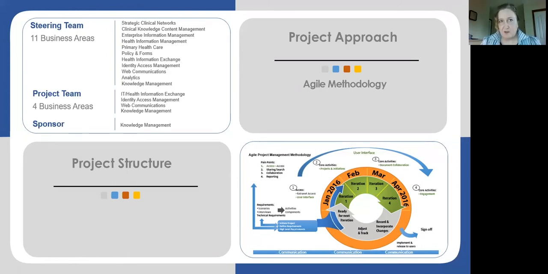So we actually built a network, and they were all the time involved in those changes, and the people that we did work with from training perspective, the super users. So they were the conduit between us and their areas to support any type of change that was needed. Okay.